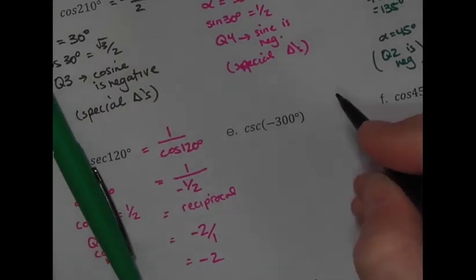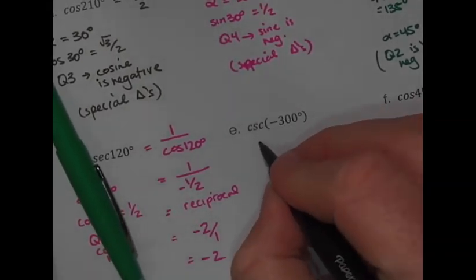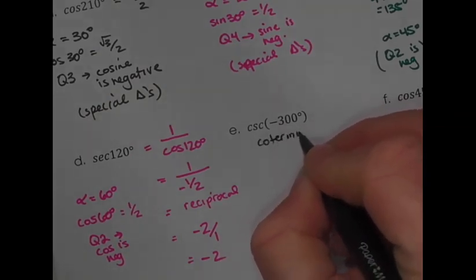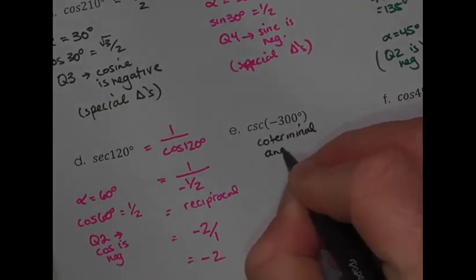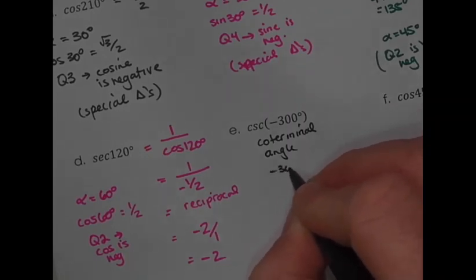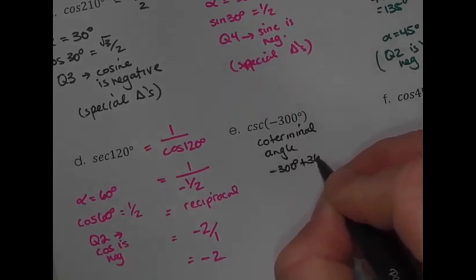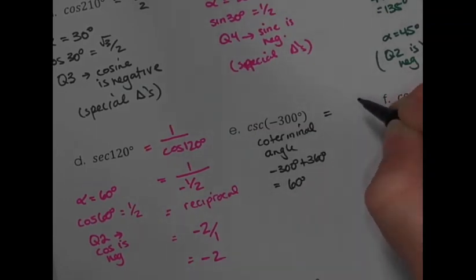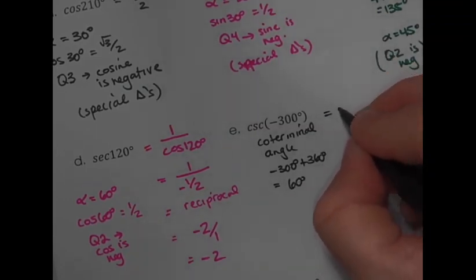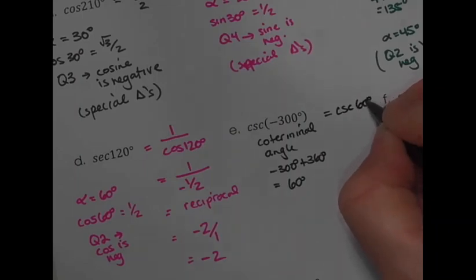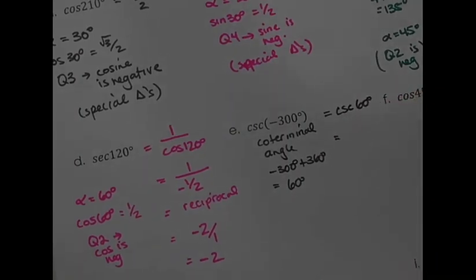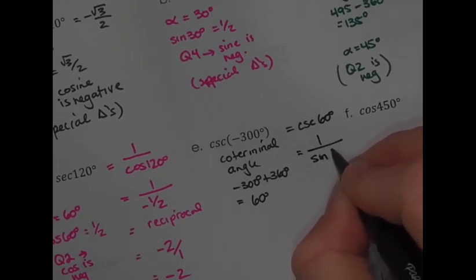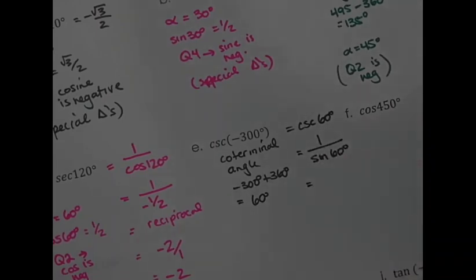All right, moving along. Cosecant of negative 300. Well, maybe I have to think about a coterminal angle. So negative 300 plus 360, that's going to be 60 degrees. So I know that this would be cosecant of 60 degrees. And we know that we want to do the reciprocal, that's the reciprocal of sine.